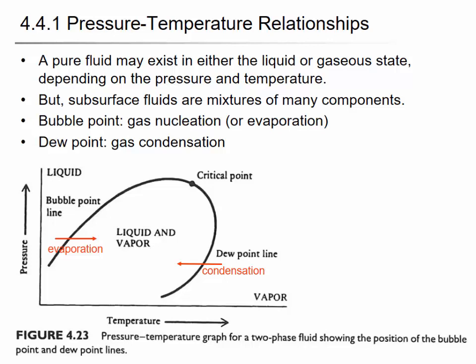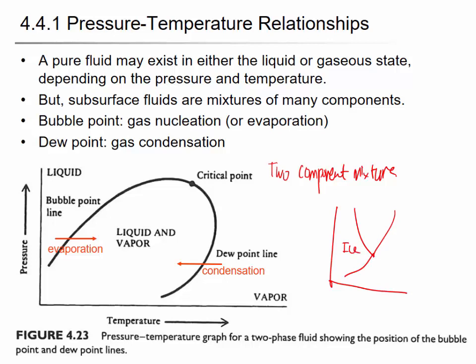So this is the case. You have a two-component mixture. If you have a single phase or single component, like for example water, what is this? Ice and liquid water, and this is the vapor. Right?